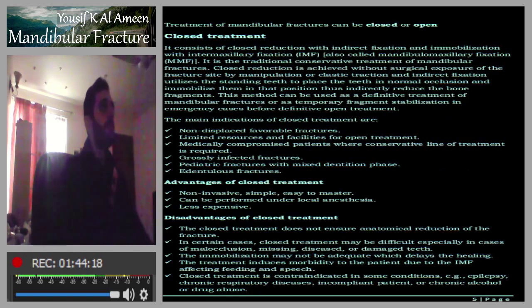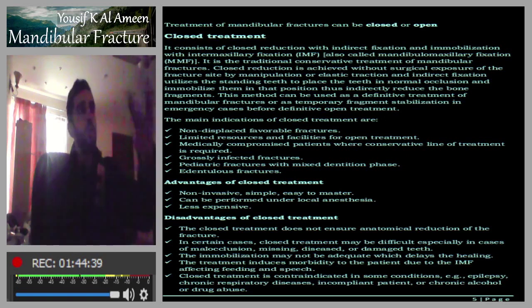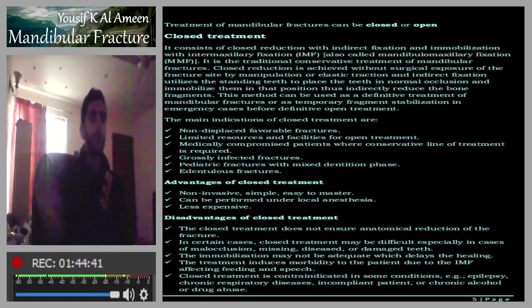Treatment of mandibular fractures can be closed or open treatment. Of course, treatment of mandibular fracture is important, and it can be closed treatment or open treatment.